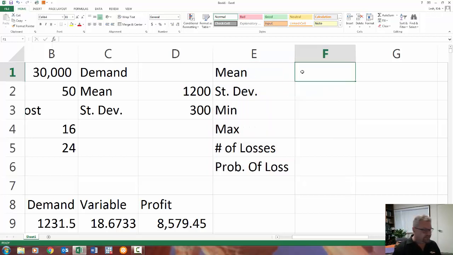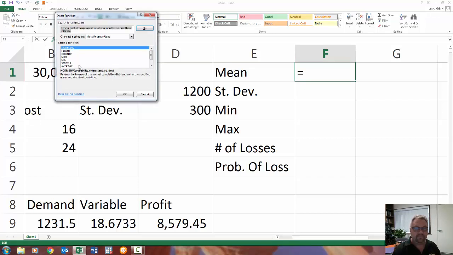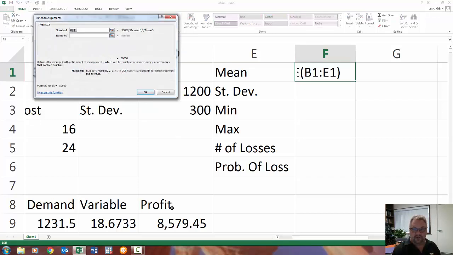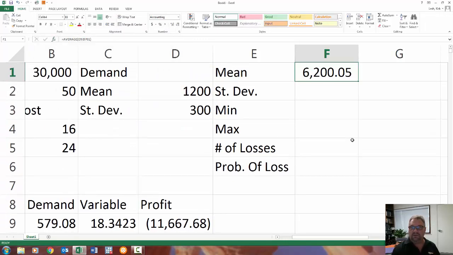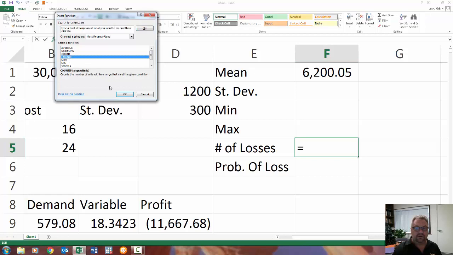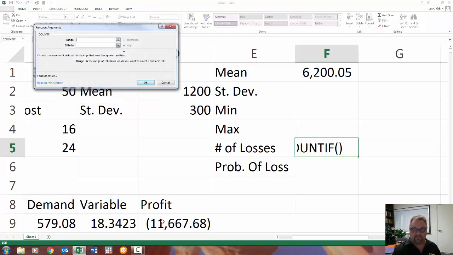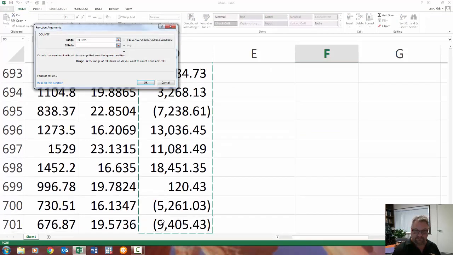All right, but in this case, they're just asking us for A, what is the mean profit? All right, just get the average function. So average of the profits, about $6,000. All right. What is the probability that the project will result in a loss? Okay, so now I need to do these two. So again, the COUNTIF function for the number of losses. There she is. Okay, my range is profit itself.